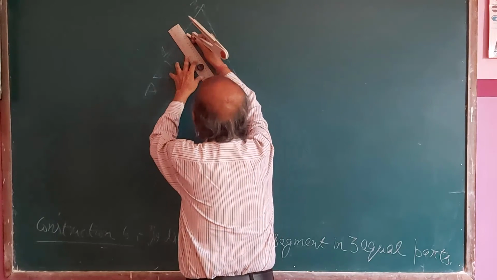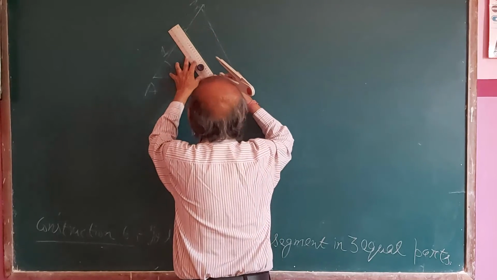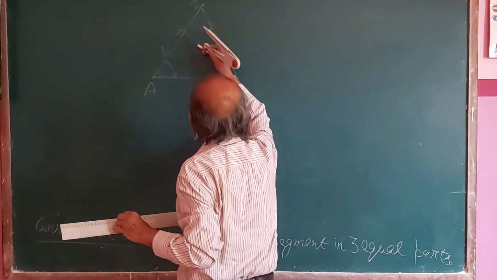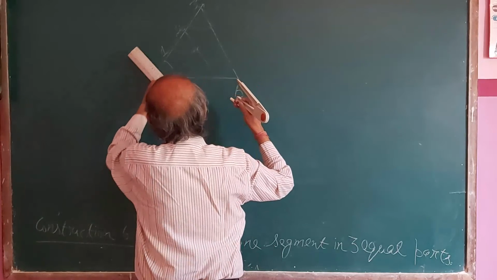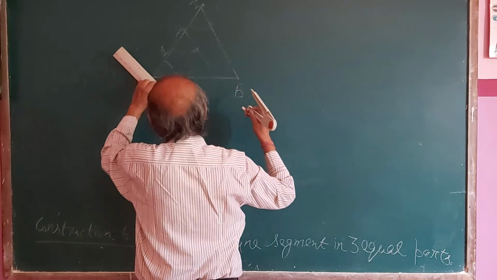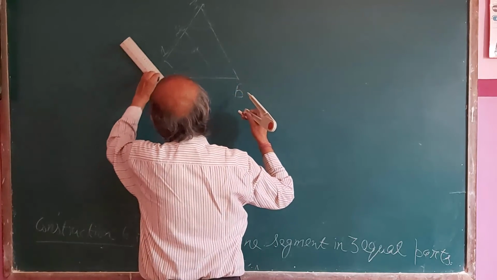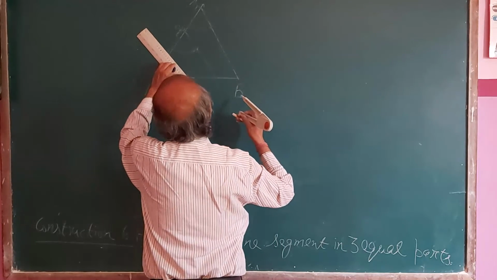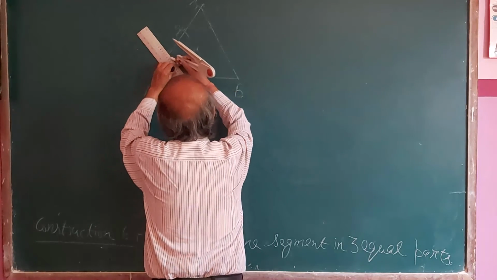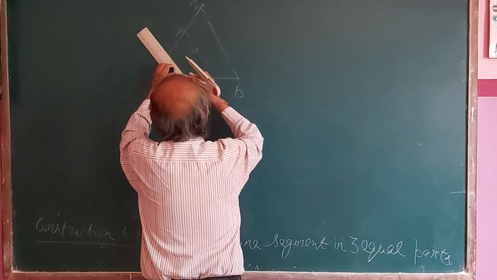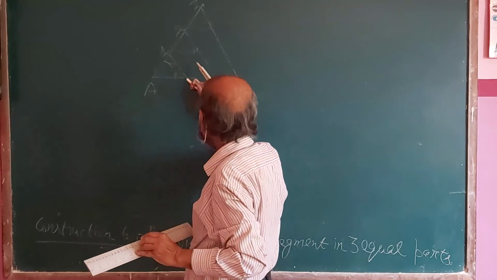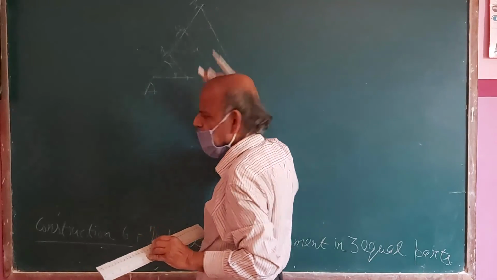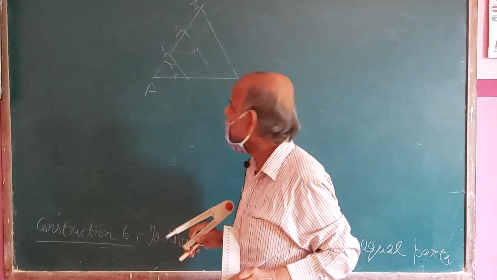Join 2 and the point, and now you will get these points. Actually, you have drawn parallel lines.